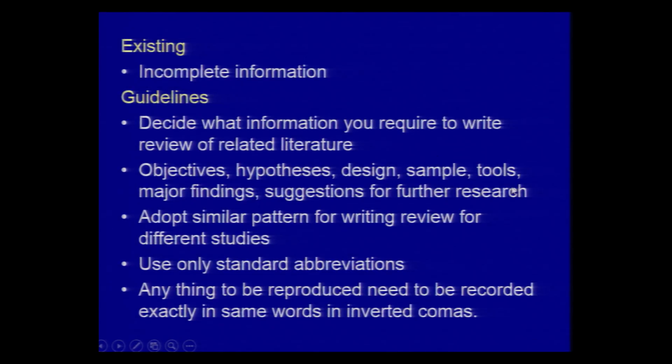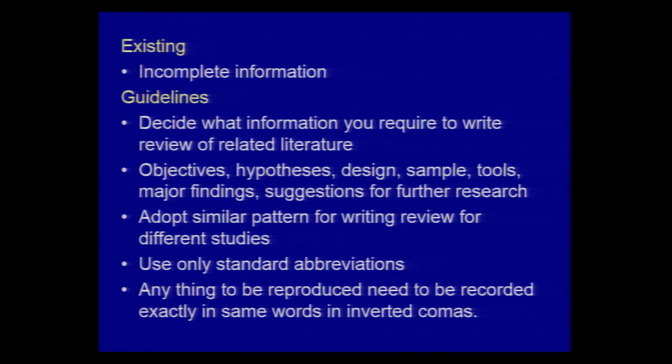It will be easy to collate the information. So you adopt a similar pattern for writing reviews for different studies, and while you are writing, make sure that you only use standard abbreviations and do not coin your own abbreviations which you will not be able to discern after 1 month or 2 months.